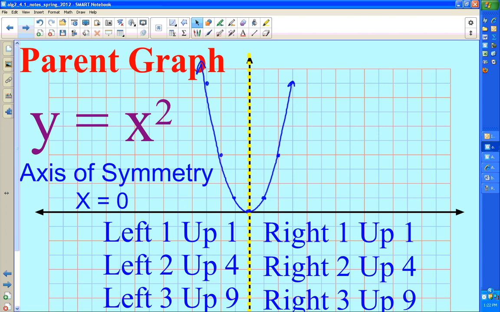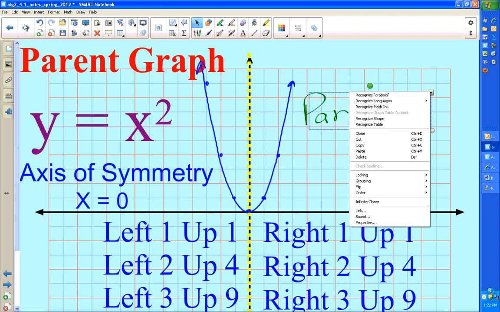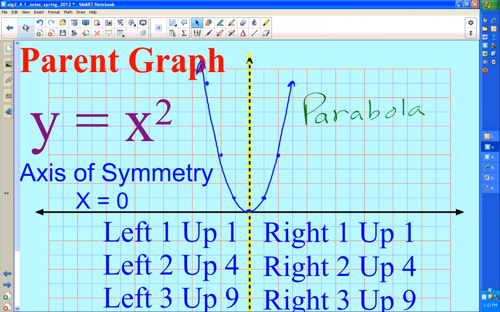If you have a quadratic, your shape is always, always, always going to be a parabola. What did I tell you about absolute value functions?